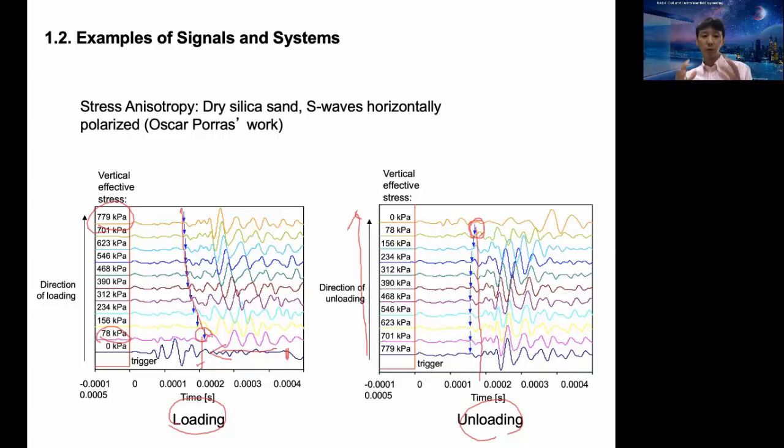So the soil is now experiencing anisotropy because of the stress path, the loading and unloading path. So the system will be the soil, the input will be the excitation, and the result will be the arrival time, or the S-wave velocity.